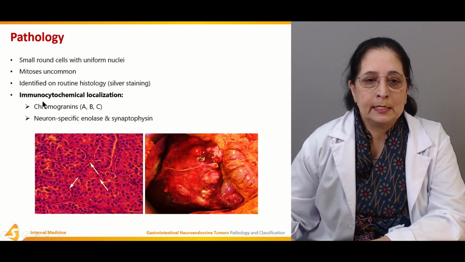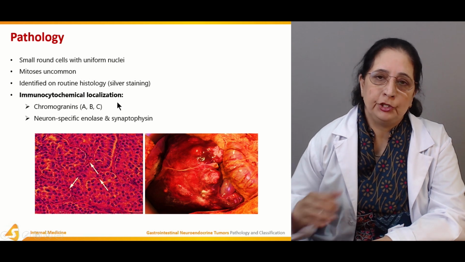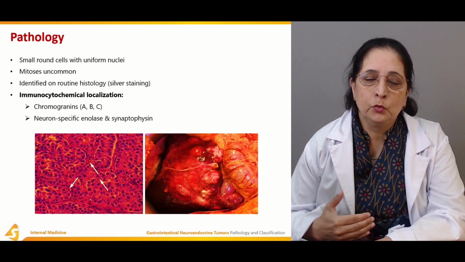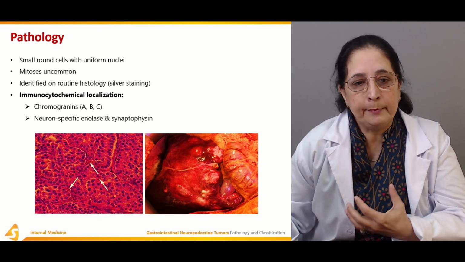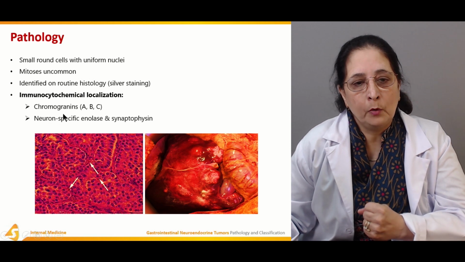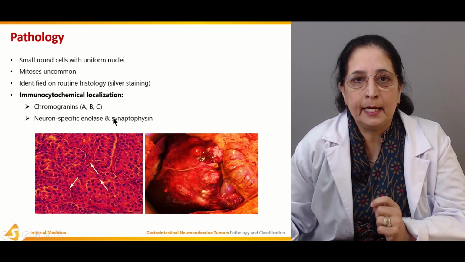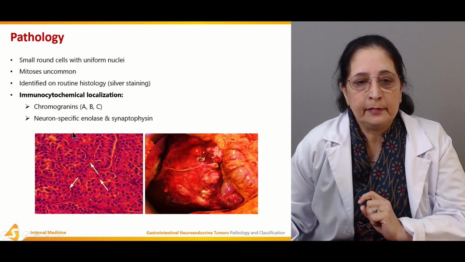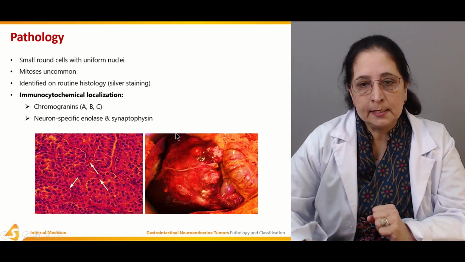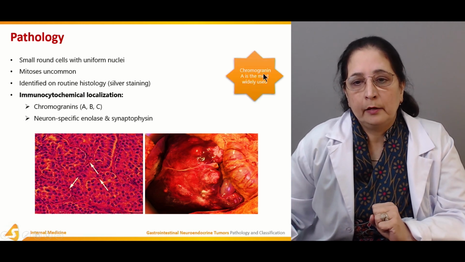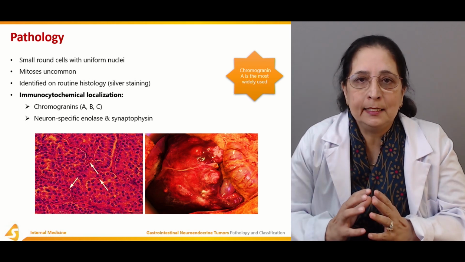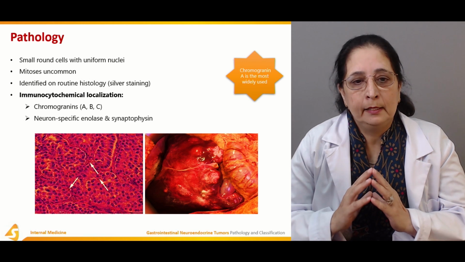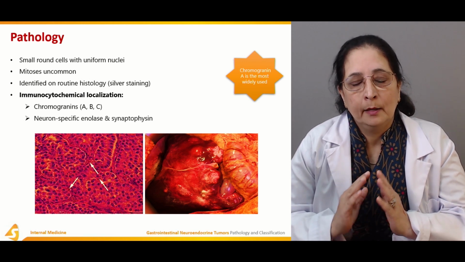For immunocytochemical localization, what substances are used? We use chromogranins A, B, and C, neuron-specific enolase and synaptophysin. Among these, chromogranin type A is commonly used. So the cells in this tumor are round with uniform nuclei.